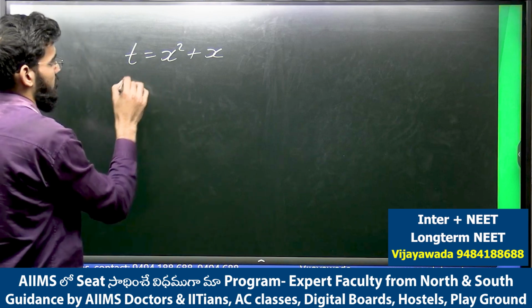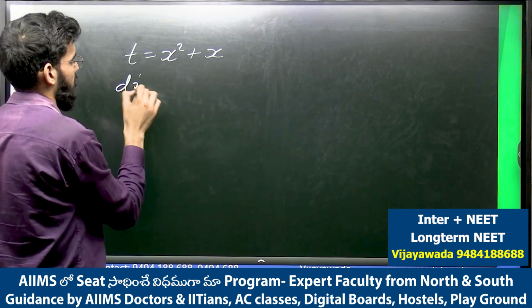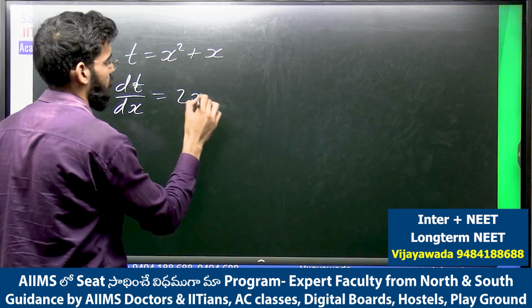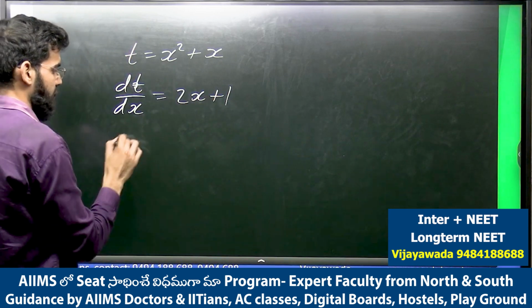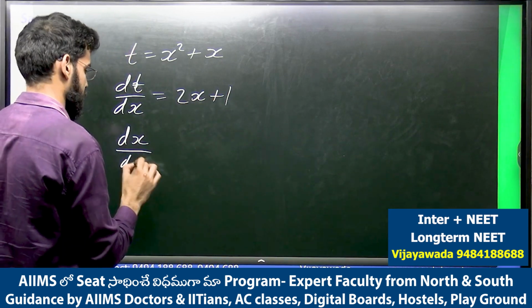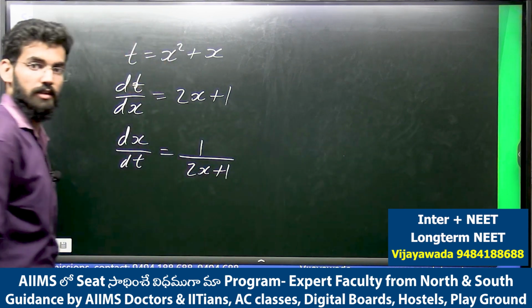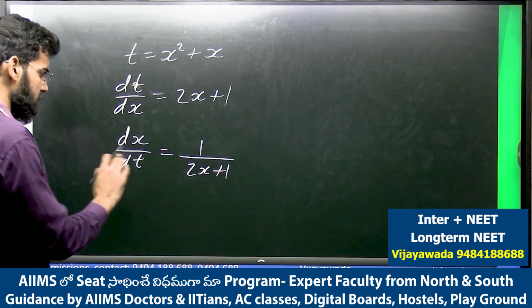So differentiate with respect to x: dt by dx is 2x plus 1. I want dx by dt, which is velocity: 1 upon 2x plus 1.